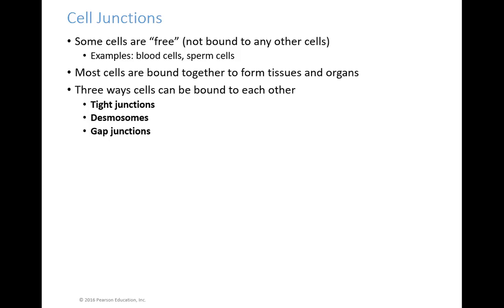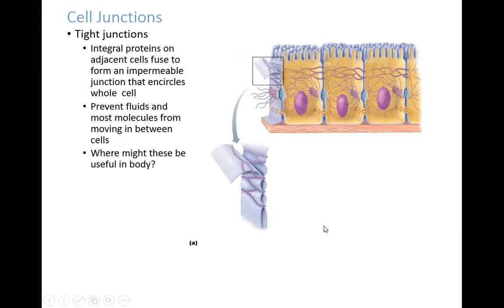And so the 3 ways that cells are held together are something called tight junctions, desmosomes, and gap junctions. A tight junction, we use the integral proteins, the ones that span the membrane, to fuse together the 2 cell membranes that are side by side.